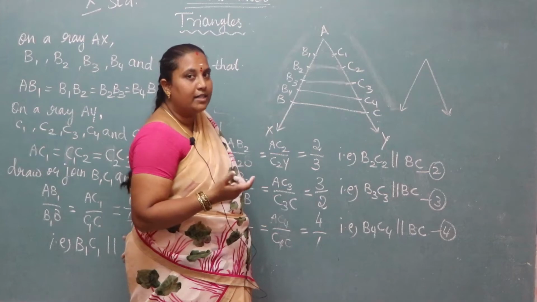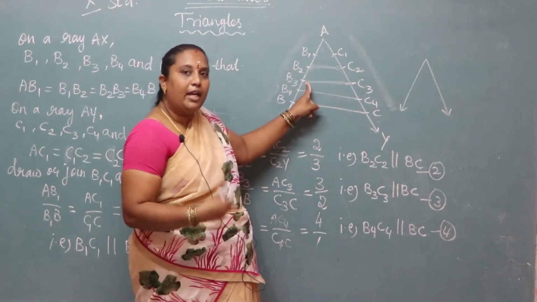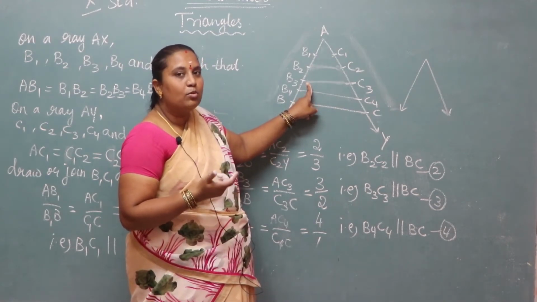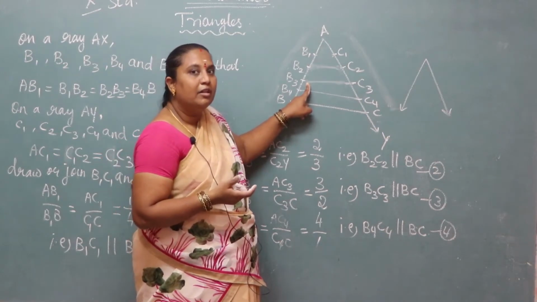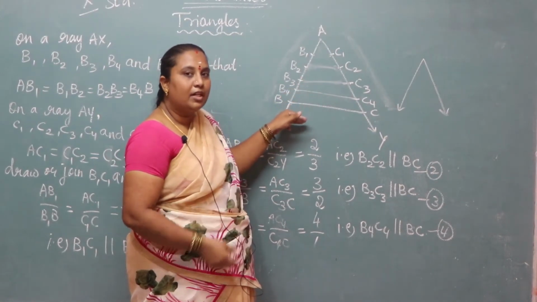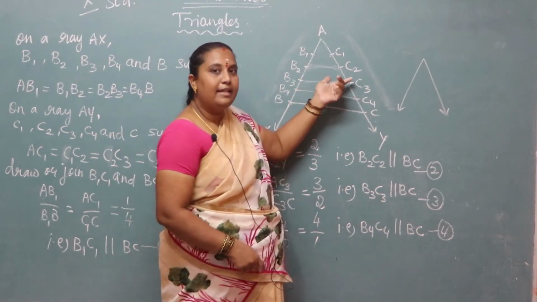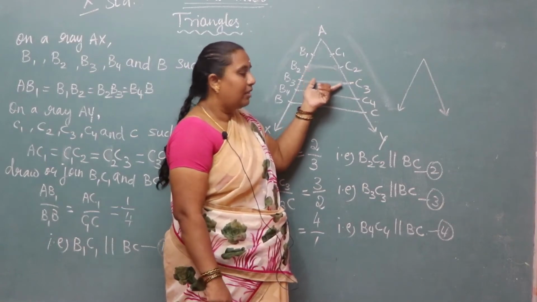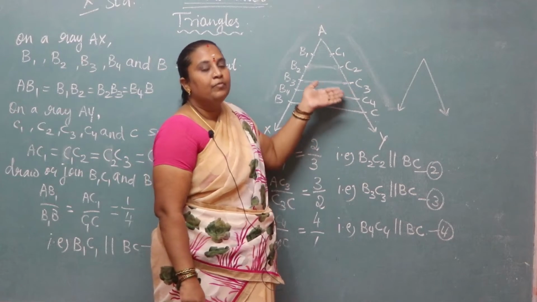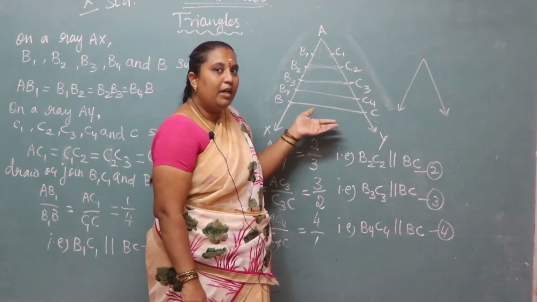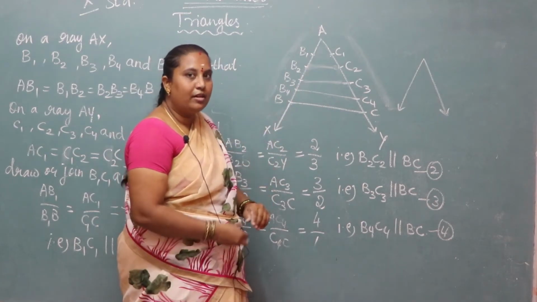If a line divides 2 sides of a triangle at distinct points, that line is parallel to the third side of the triangle. In a triangle we have 3 sides, so if a line divides any 2 sides, that line should be parallel to the third side. Understood children? Thank you.